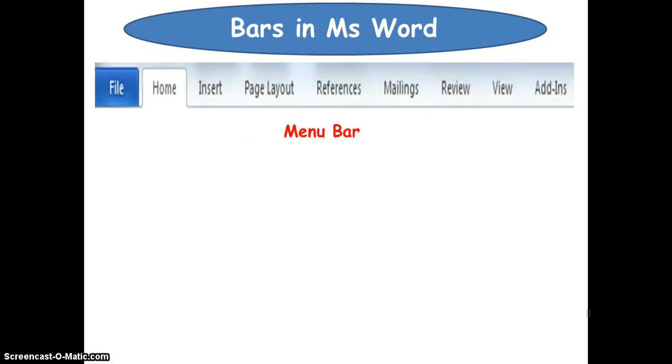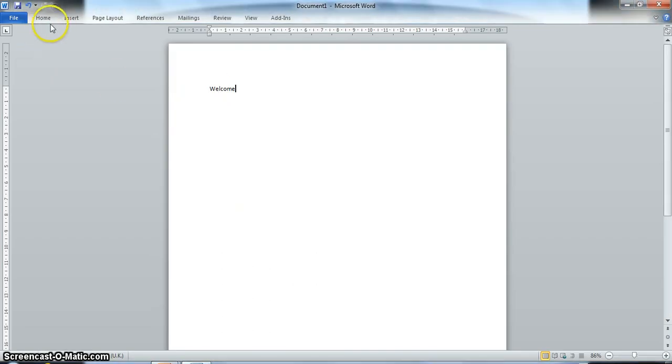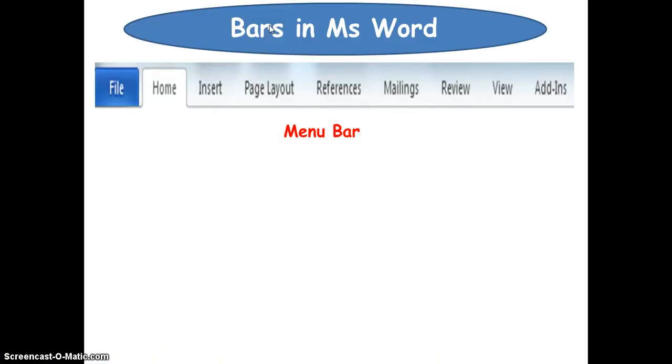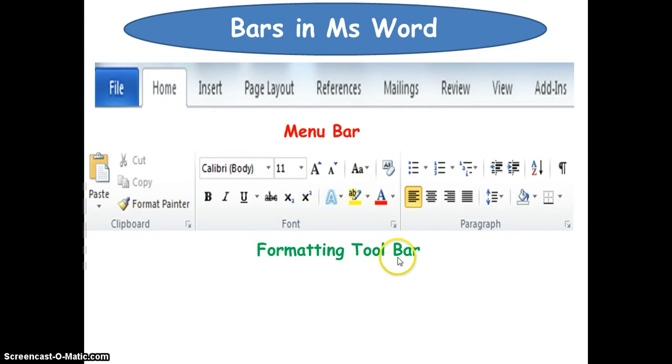Now I want to quickly look at some bars in Microsoft Word. The first bar we're looking at is the menu bar. The menu bar is where you find tabs like File, Home, Insert, and so on. Let's look at that on my document. I have the File, Home, Insert, Page Layout, and so on. The next bar we want to look at is the Formatting toolbar. The Formatting toolbar is the bar that has the paste icon.